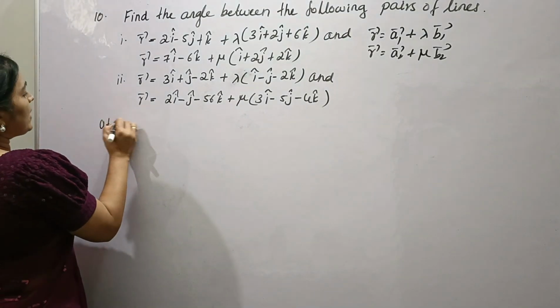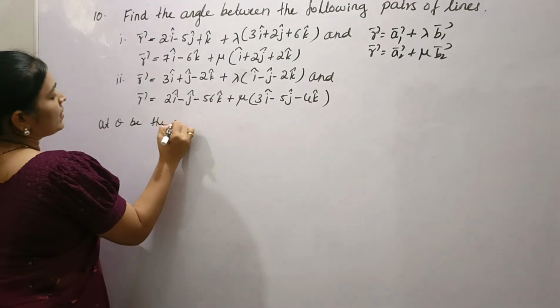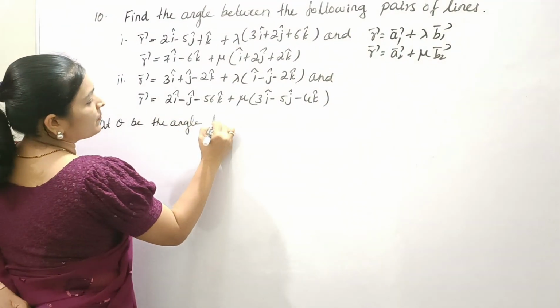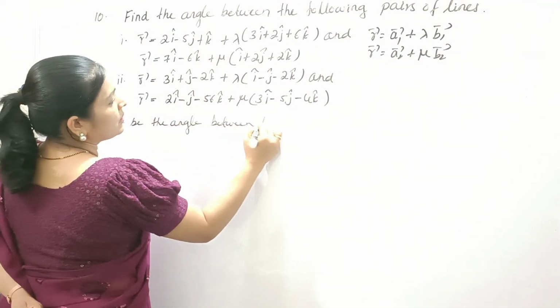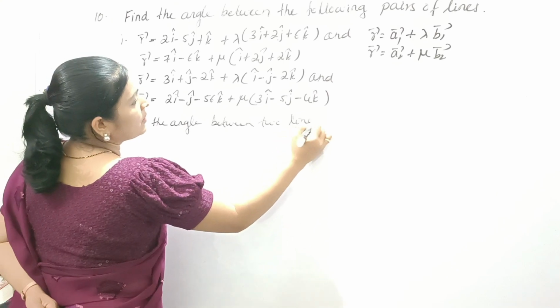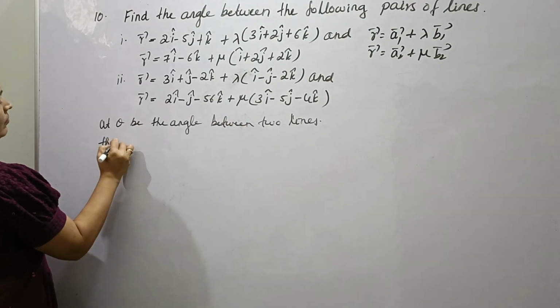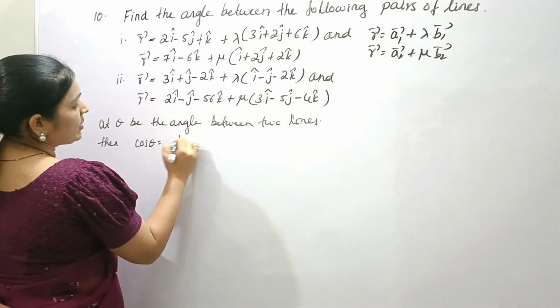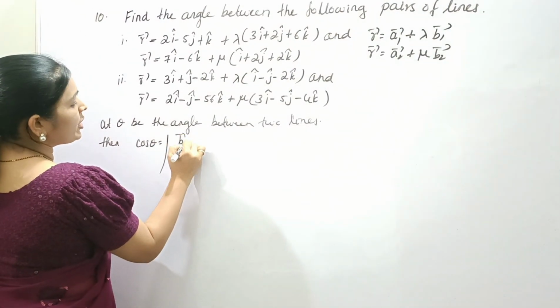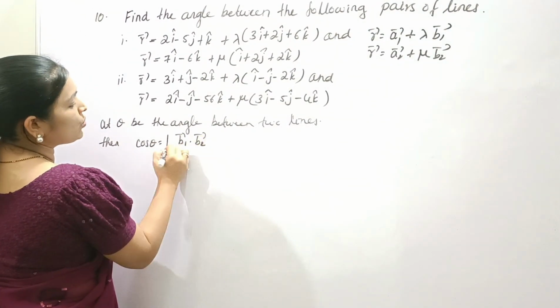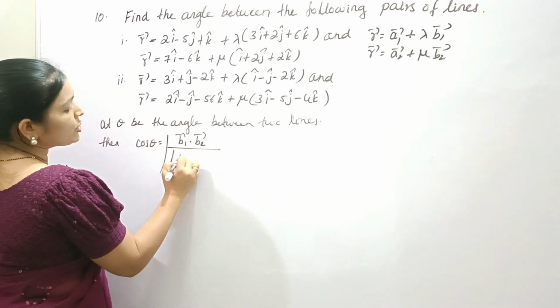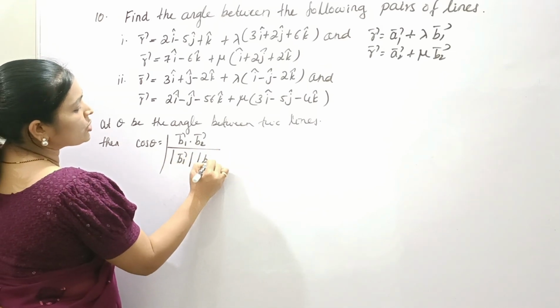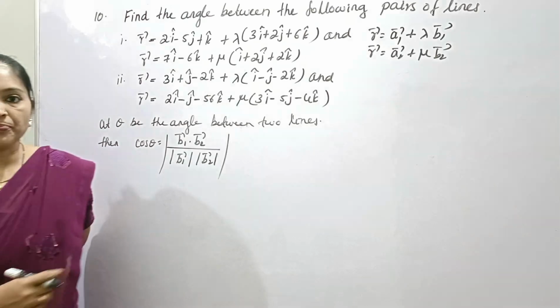Let theta be the angle between the two lines. Then cos theta is equal to modulus of vector b1 dot vector b2 divided by modulus of vector b1 into modulus of vector b2. It is the formula.